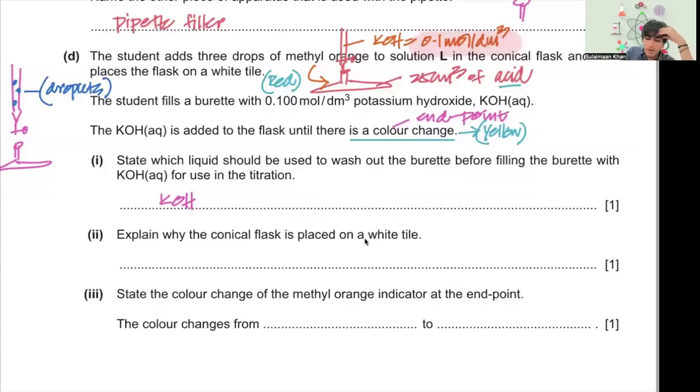Because of these water droplets, the solution will no longer be 0.1 mole per dm³, because these water droplets would add to the denominator, right? So the concentration would drop. So they basically dilute the potassium hydroxide. That's why after washing it with distilled water, you have to wash it with potassium hydroxide in order to ensure that the concentration of potassium hydroxide does not get diluted.